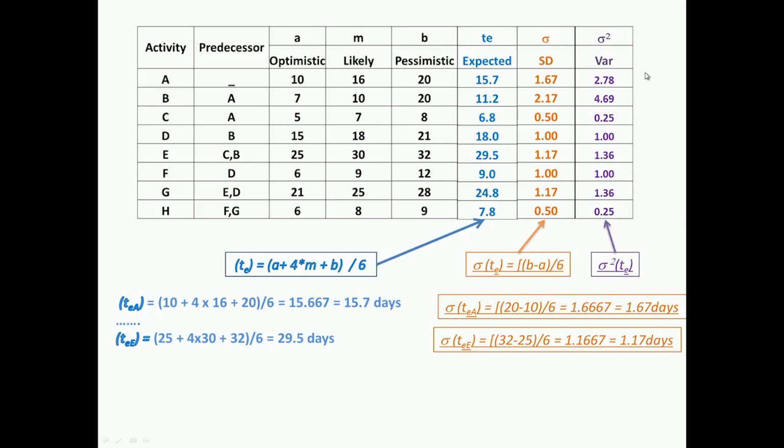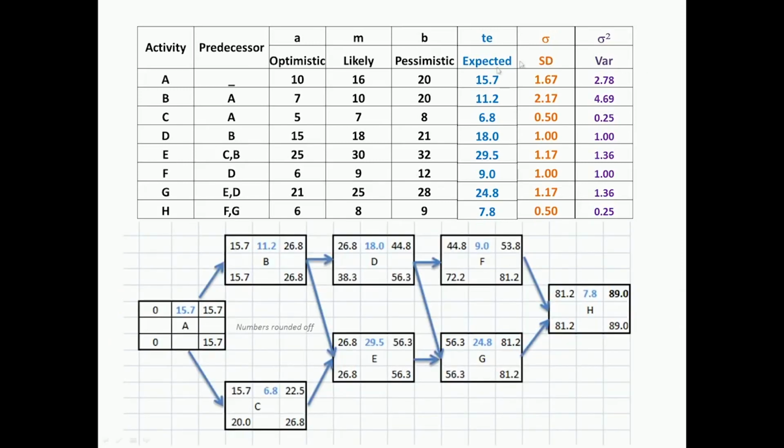Now in the next step, like we discussed in the stepwise procedure, we take the expected values. For example, A is 15.7, for B 11.2 comes there, for C 6.8 comes there, for D it's 18.